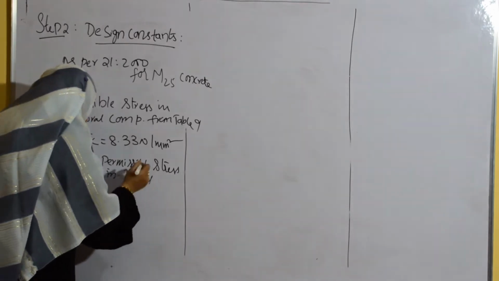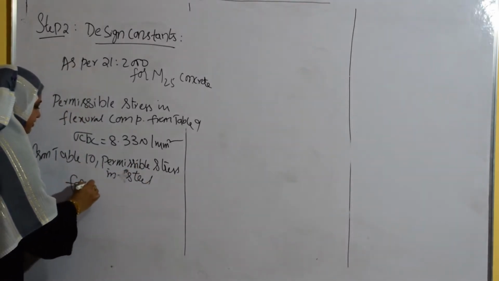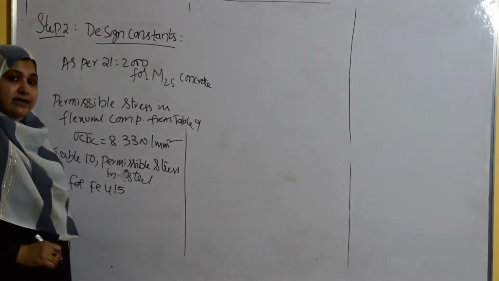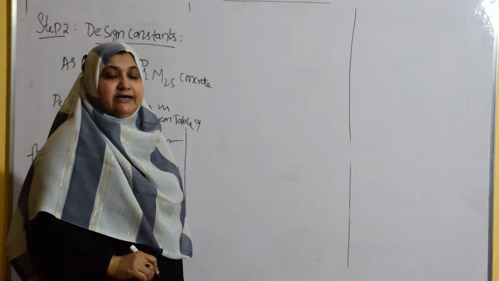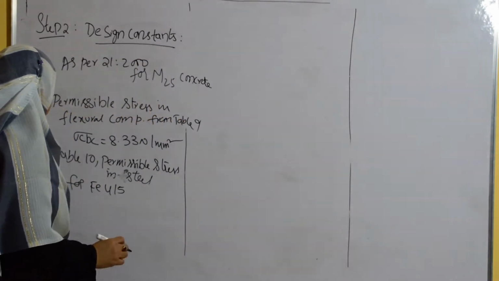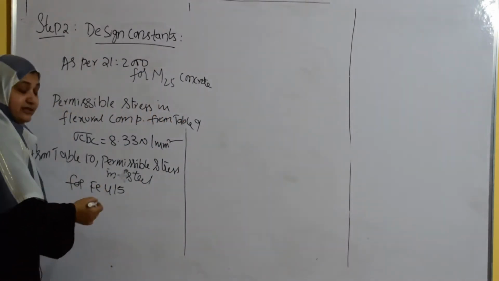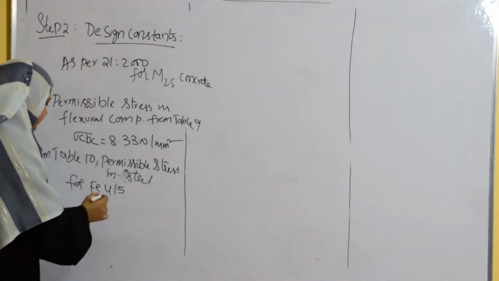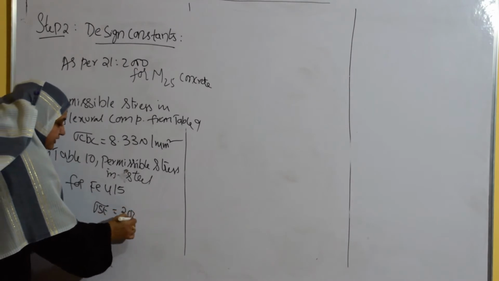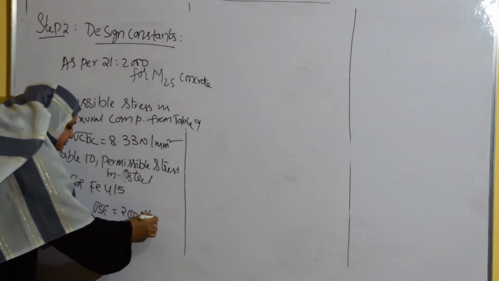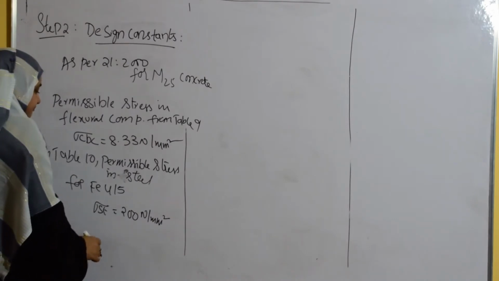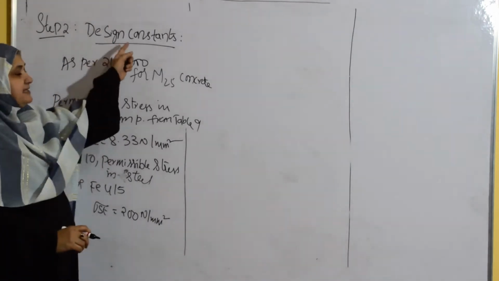For Fe 415, ours is Fe 415, which is also referred to as HYSD bars, high yield strength deformed bars, the permissible stress of steel is restricted to 200 Newton per mm square. So these two values are required for us to get the design constants.